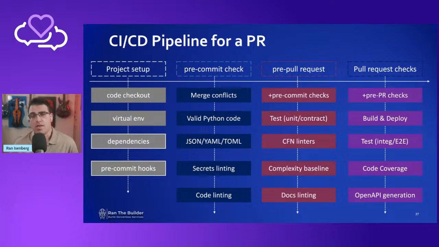Run the tests, the integration tests, end-to-end, code coverage, 100% code coverage in the cookbook at the moment. And lastly, which is a nice feature that I added with PowerTools, OpenAPI generation. So the Swagger file for the API is added automatically and is uploaded to the GitHub pages of the service. So again, from dev to production, day one, the developer doesn't need to think about it, it just works.